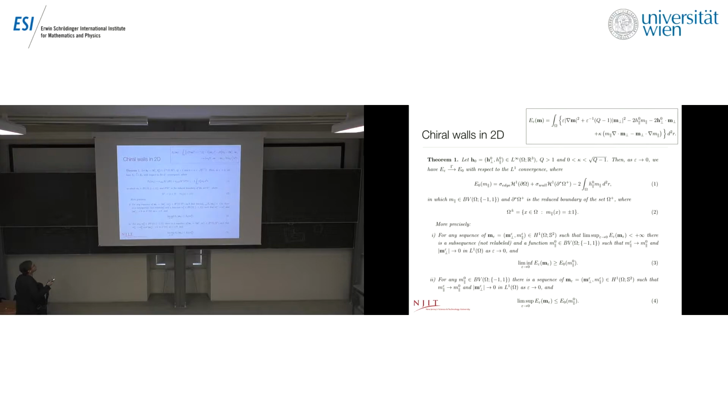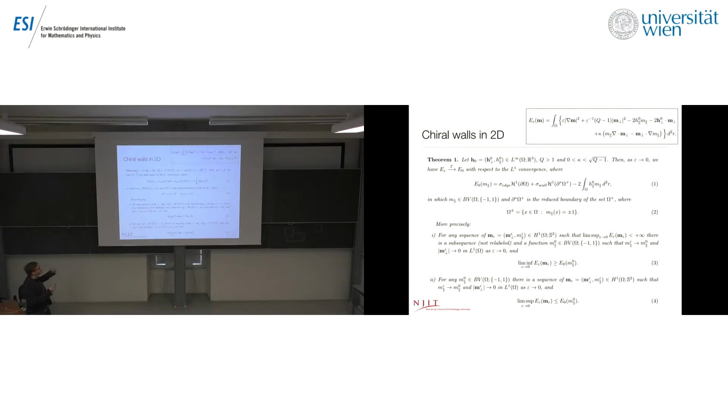So this energy gamma converges with respect to the L1 topology to the following energy functional, which is just the edge domain wall energy times the perimeter of the boundary, which in the end is a constant. But without knowing what that constant is, we wouldn't be able to actually identify the gamma limit, because we need to get a sharp constant in the limit as epsilon goes to 0, plus the perimeter of the boundary of the set where m parallel equals +1.